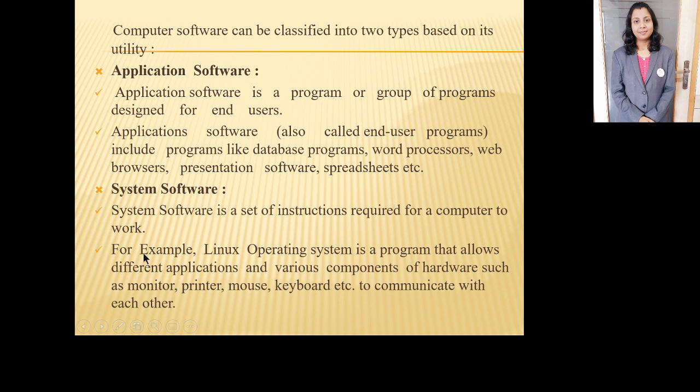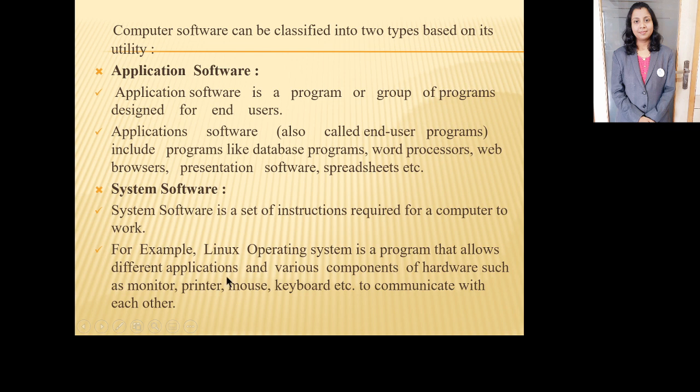Okay, so next we'll go to the system software. It is a set of instructions required for a computer to work. For example, you can understand through the example, the Linux operating system is a program that allows different applications and various components of the hardware such as monitor, printer, mouse, keyboard, etc. to communicate with each other.